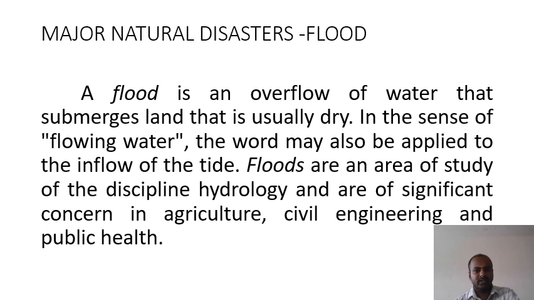Why does a flood come? During heavy rainfall, the catchment areas collect all the water and it comes along one single path. If the river path is clear, the flood will move smoothly and mingle with the sea.